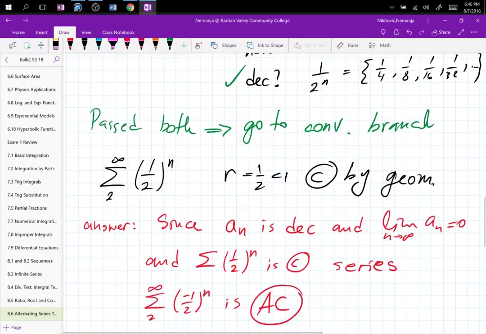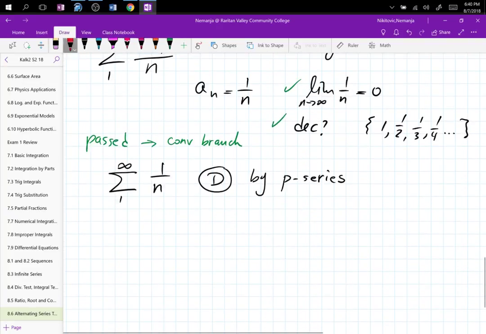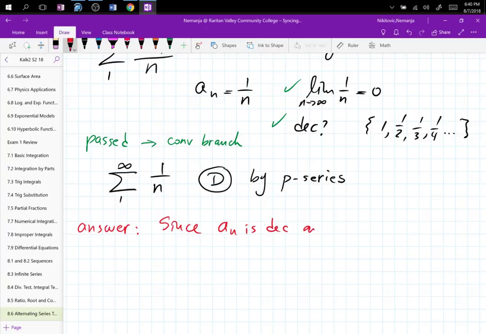Now I want to discuss the idea of conditional convergence. So now let me first write the answer here. Answer: since a_n is decreasing and the limit of a_n equals 0, those are the two conditions that it passed to push us onto the convergence branch.